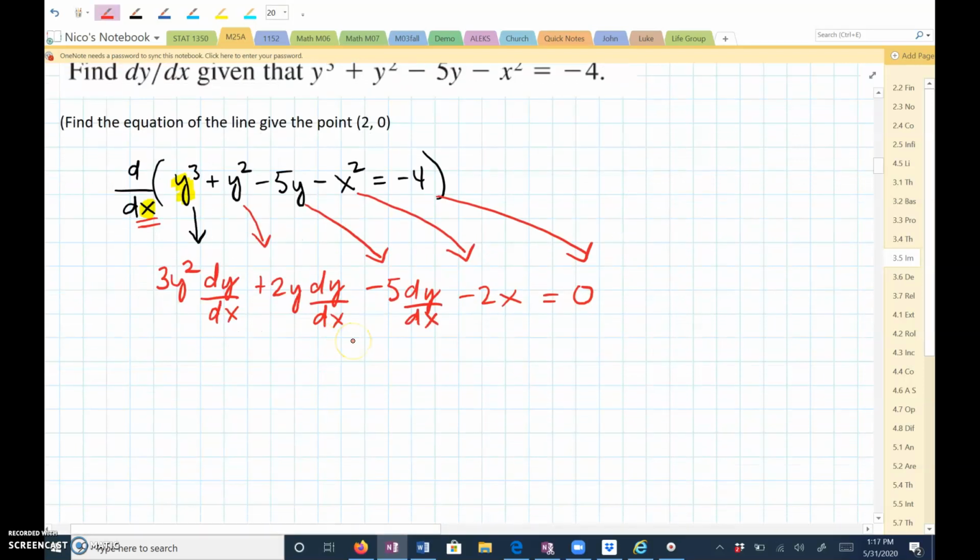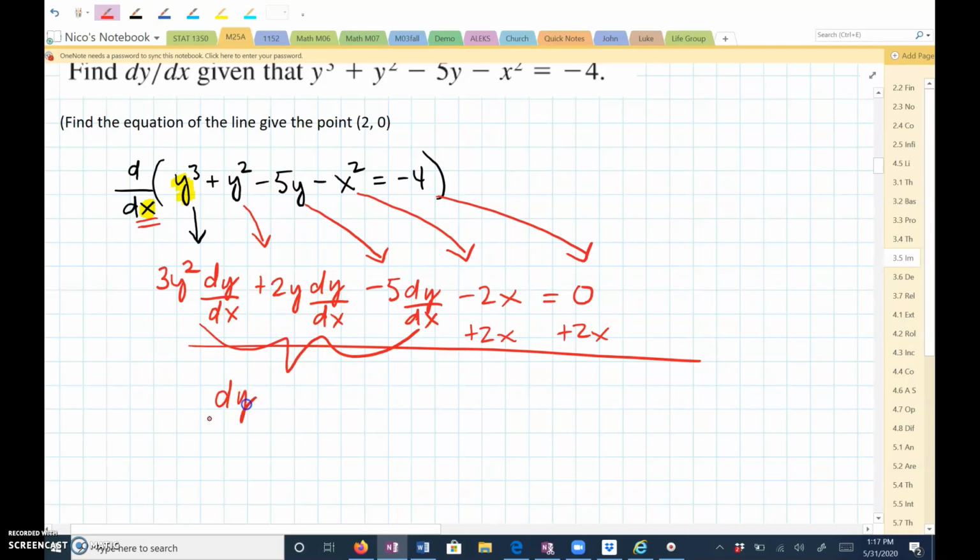And now we just have to solve for dy dx. So I'm going to add 2x to both sides, and at the same time I'm going to factor out dy dx. That would leave me with 3y squared plus 2y minus 5 equals 2x.